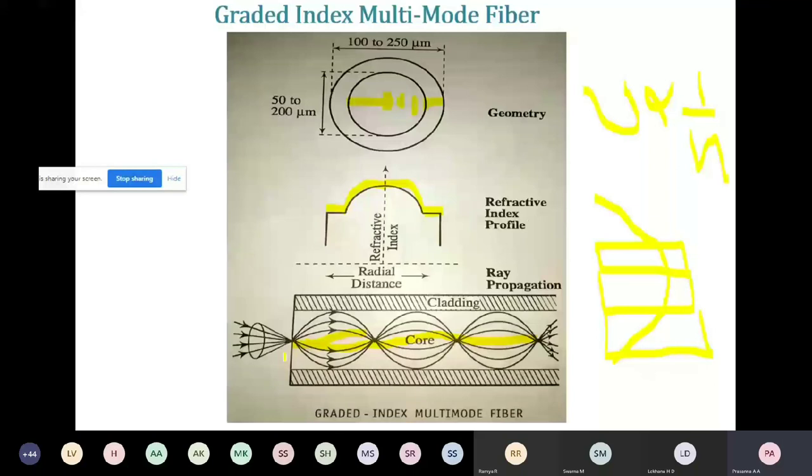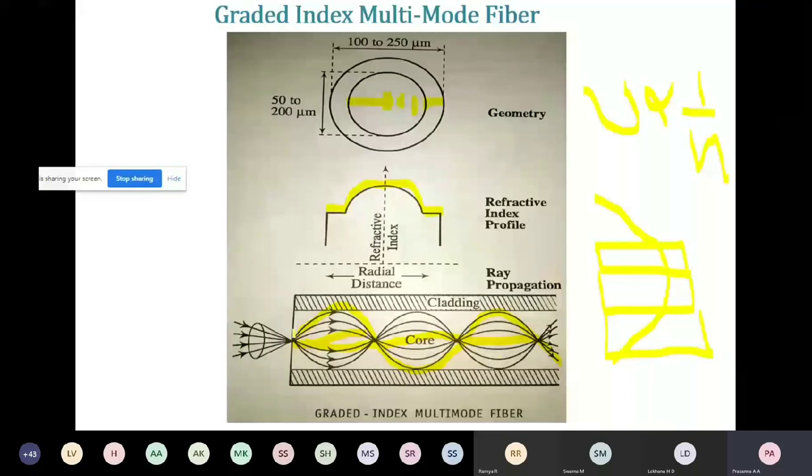Such a ray is traveling a longer distance, but most of its portion is in the region of lower refractive index. This is the region where the refractive index is smaller, and this is the region of higher refractive index. The majority of this particular ray is propagating in the lower refractive index region.